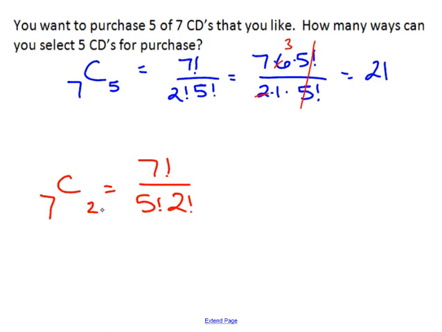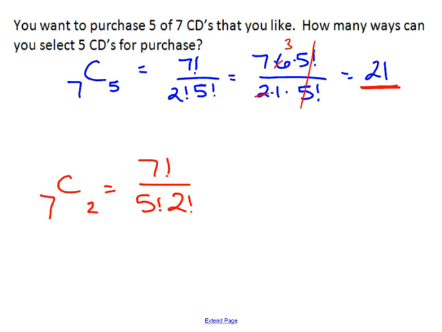While that may seem kind of strange, let's understand the reasoning behind this. There are 21 ways in which you could select 5 of those albums to purchase, right? Now, let's think about it in a different way. What if you were holding those 7 albums in your hand and you said, man, I can't afford to buy two of them.